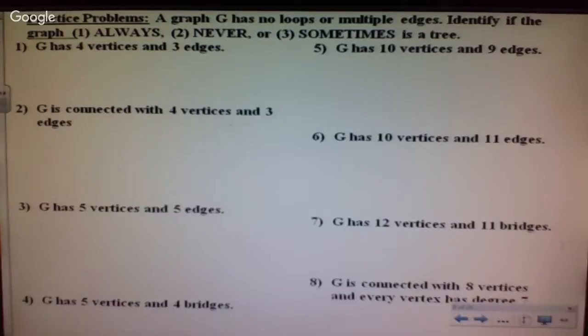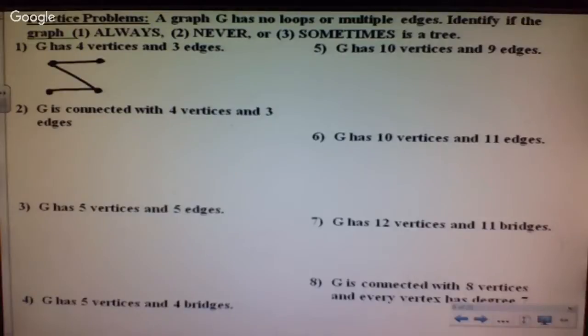Okay. So, Zoe says that number 1 is always a tree. Can we just draw this as a tree? Here's 4 vertices. Here's 3 edges. Yeah, that's a tree.